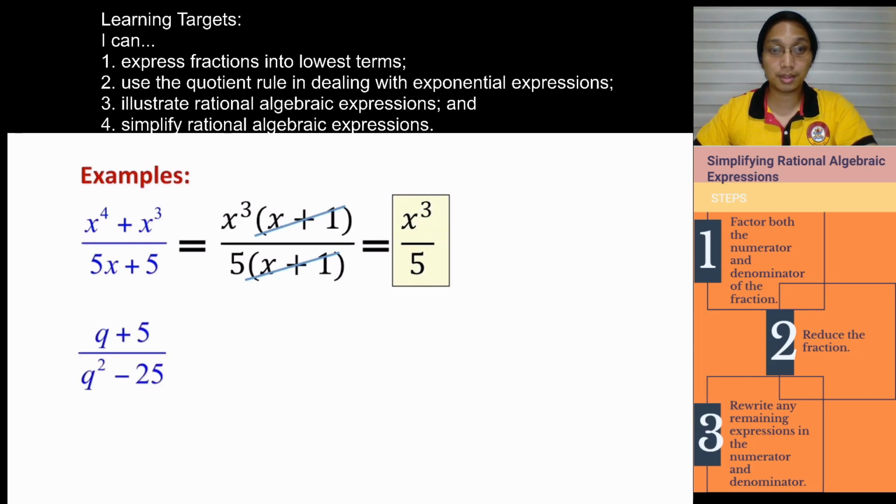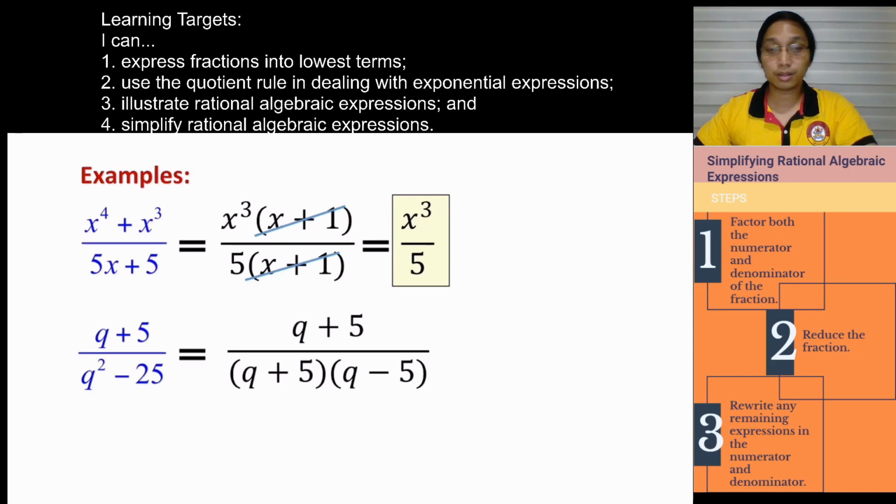Last example. q plus 5 over q squared minus 25. Step 1, factor the numerator, it's still the same. Factor your denominator. Your denominator is an example of your difference of two squares. So let's factor it out. The factored form of your denominator will be q plus 5 times the quantity q minus 5.